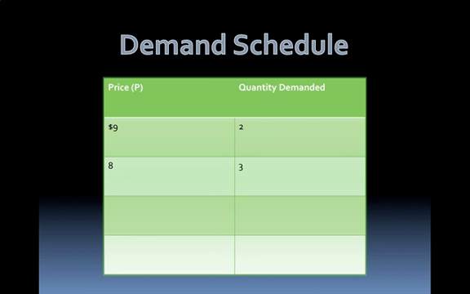And so you'll add that one person in to the quantity demanded. So the two people that were willing to buy it at $9 now are added in to the one person who is willing to buy it at $8. This is what we're going to start to call a consumer surplus. That'll become really important later on.